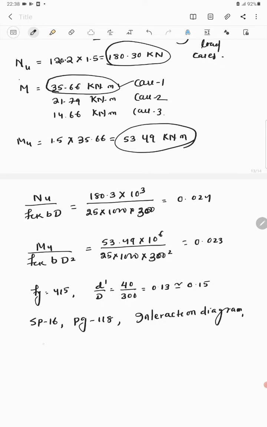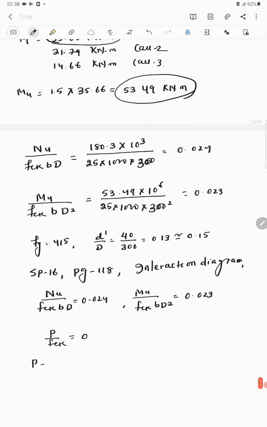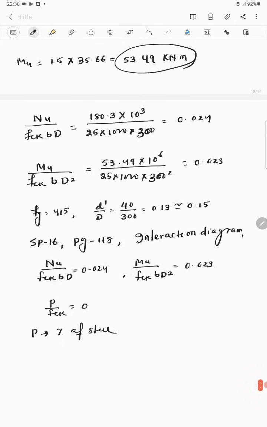The corresponding value of Nu by fck b D and Mu by fck b D square gives the corresponding value of p. p by fck you can get from here as 0, where p is the percentage of steel. Okay, so if this is coming 0, then we can provide the minimum reinforcement.